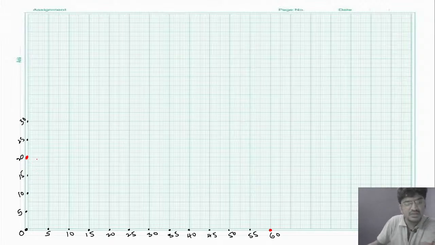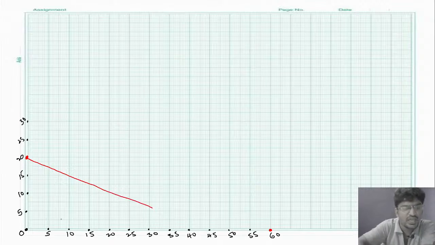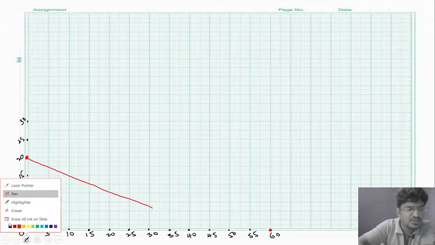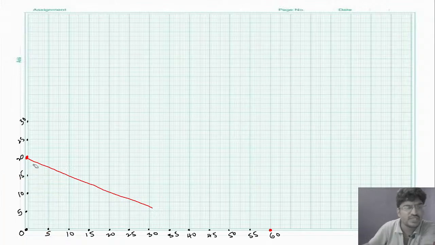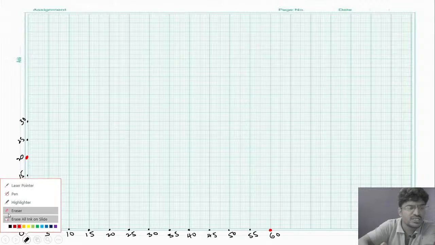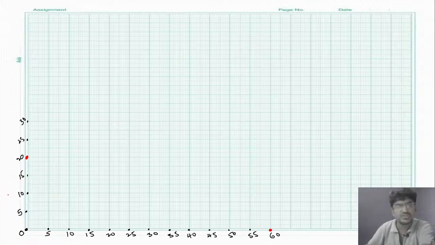See this, you take the scale and join the line very correctly. Here to draw the line I may face some problem because I have to draw it digitally, so it will be a little bit tough for me.